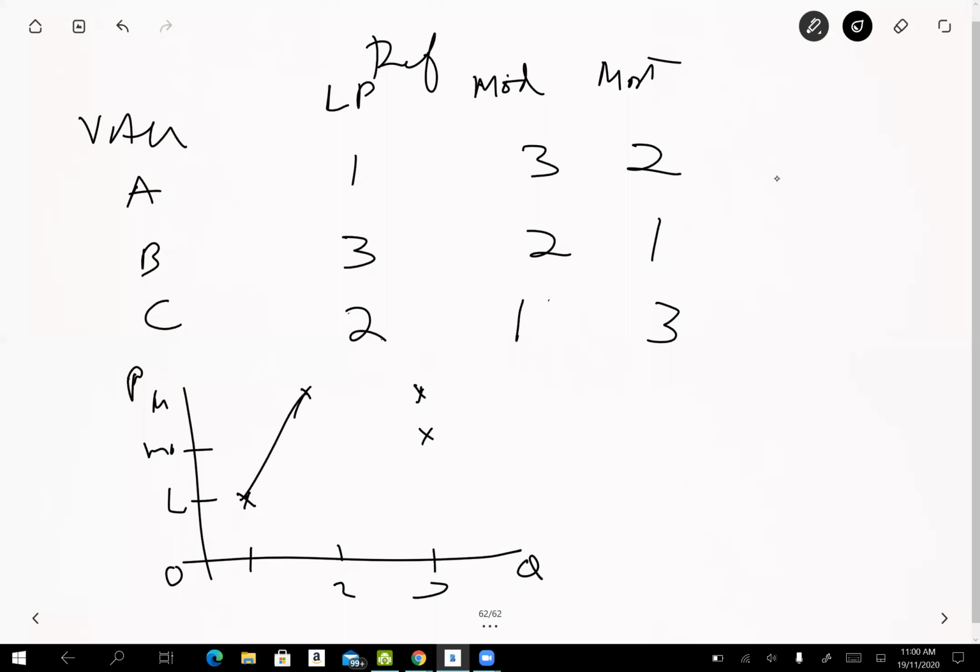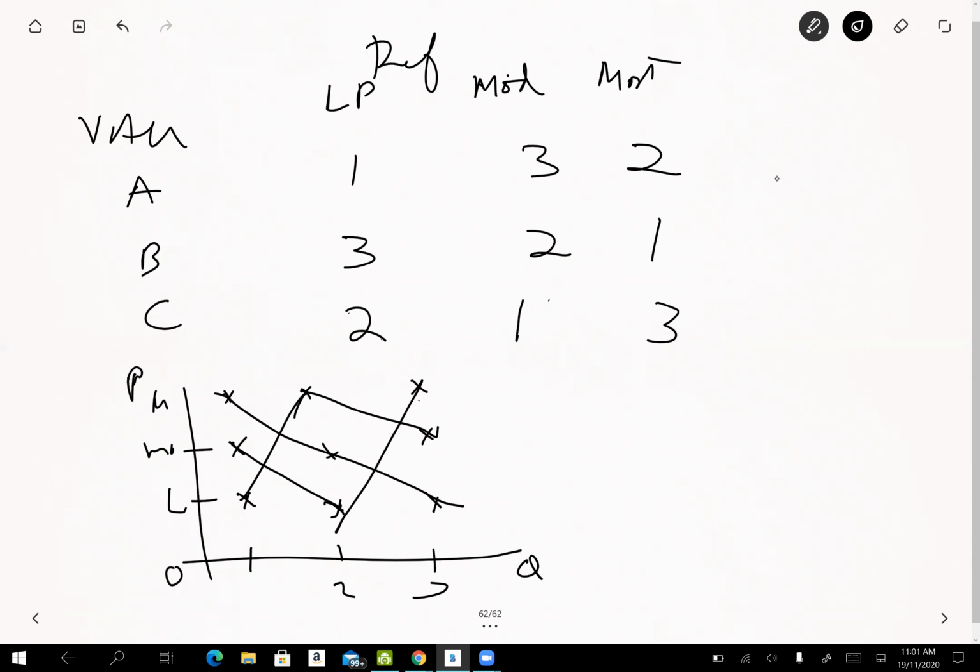So he has a single peak. Then look at B: least preferred is 3, moderately preferred 2, and so on. Now C: least preferred is 2, moderately preferred 1. This guy has a double peak preference.